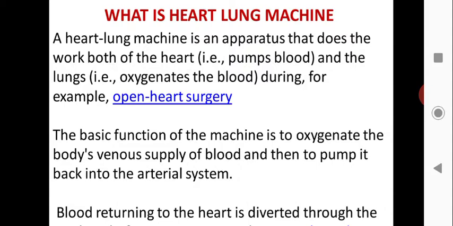So here we have a roller pump to pump the blood and an oxygenator to oxygenate the blood. The roller pump will do the function of pumping the blood and the oxygenator will do the function of oxygenating the blood. These are all there in a heart-lung machine.